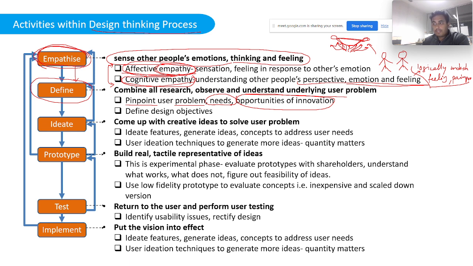Sometimes, depending upon designer to designer, researcher to researcher, the problem can be different. So it's very much subjective. From your cognitive lens or your perspective, you try to identify and pinpoint the particular problem. This is a task under this define activity, and you also try to define the design objectives.